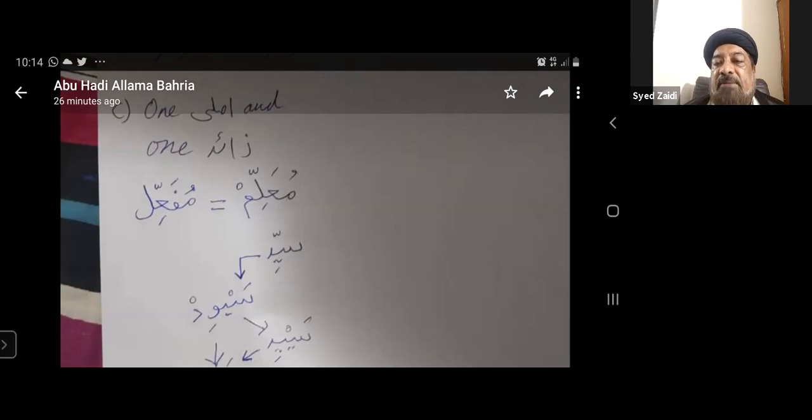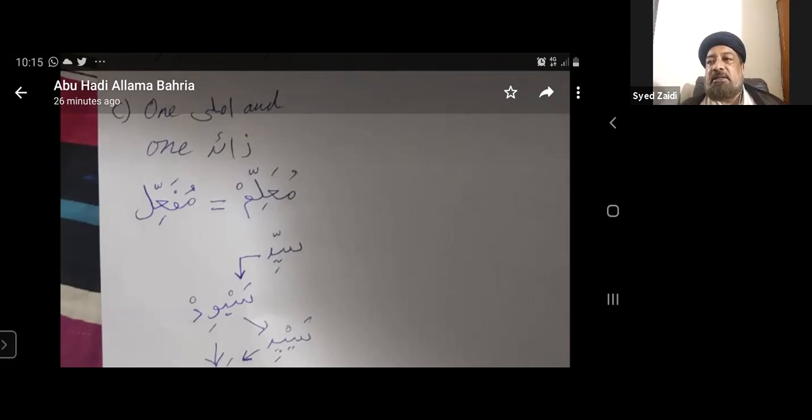Because mu'allim, as you know, ain, lam, and mim are the root letters, ilm, right? Now mu'allim, we're going to do the same thing. The lams that you see in the center, two of the lams have merged to become one.